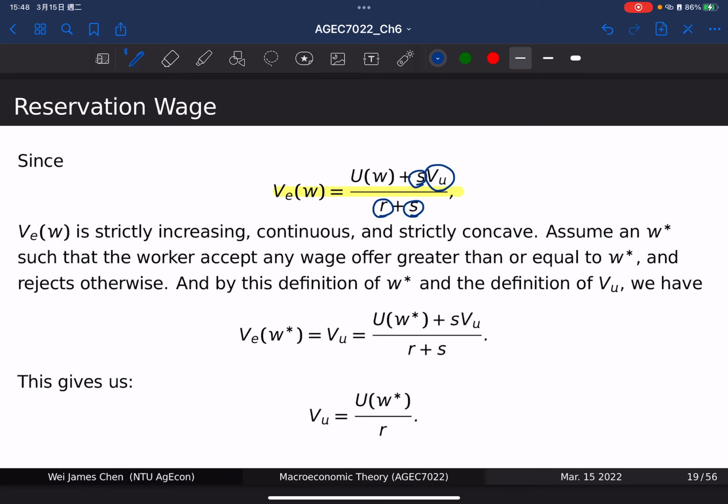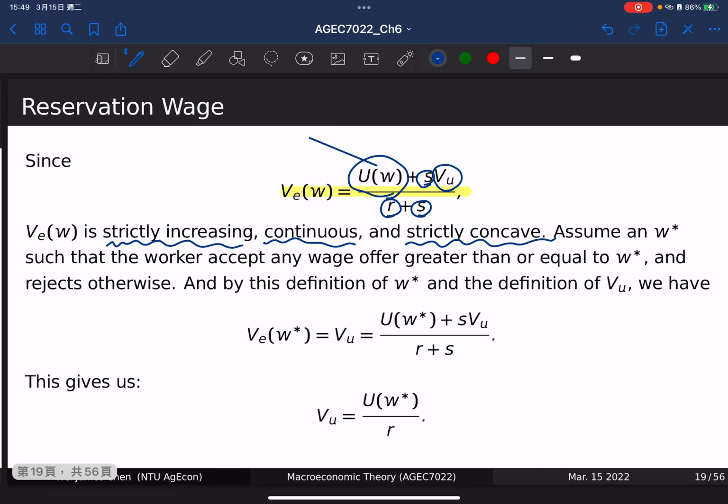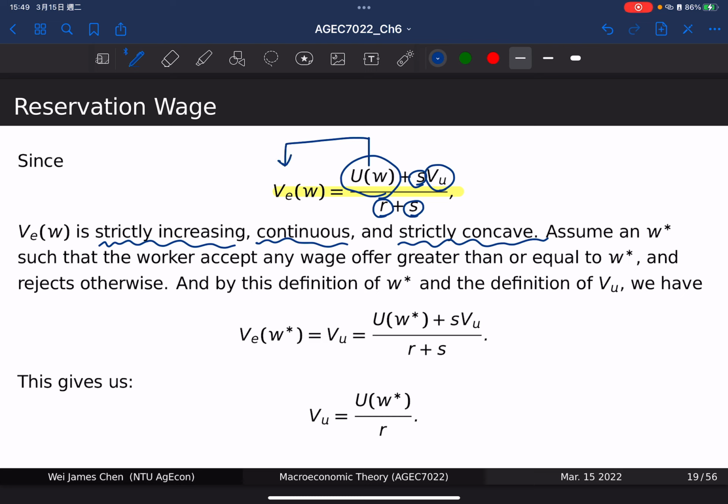So when W changes, the only thing that changes here is the U of W. We assume that U of W is strictly increasing, continuous, and strictly concave. Then VE of W is also going to be strictly increasing, continuous, and strictly concave, because whatever characteristics this function has will carry over to this function.